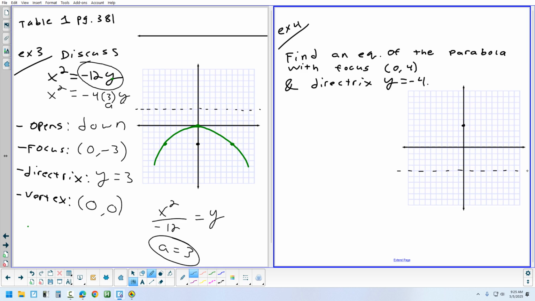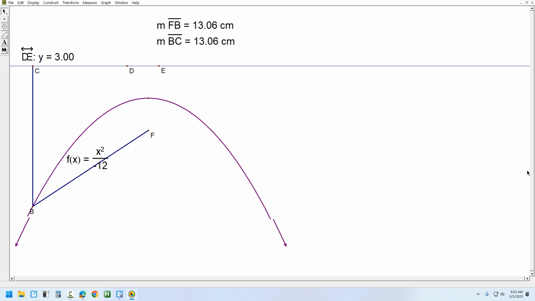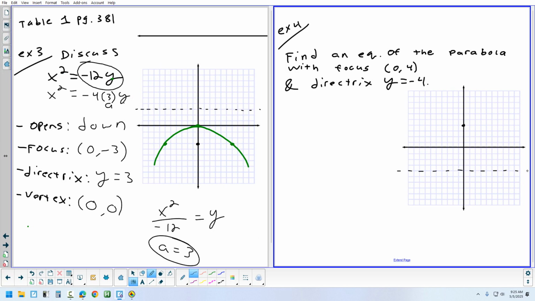My parabola has to bend away from that line, just like it does in that picture. It's got to bend away from it. So which way does the parabola have to open? If it's going to bend away from that line and wrap around the focus. Yeah. It has to open up.